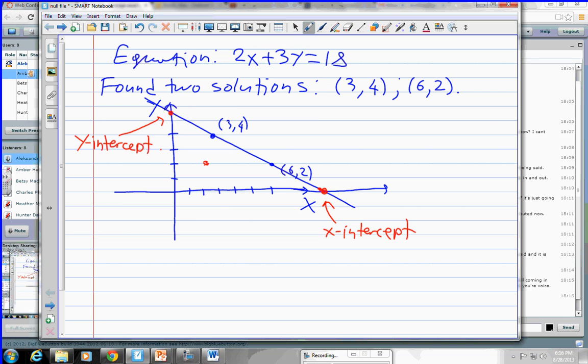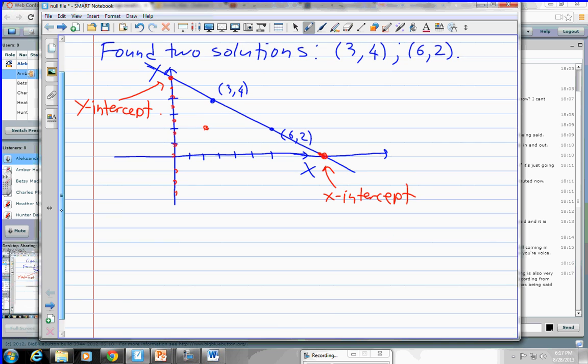Now, if you think about this, all y-intercepts, whatever they are, if you have a crazy-looking graph that hits the y-axis at many, many points, all those points along the y-axis have one thing in common. What is the x-coordinate of any one of those points? 0. So in order to find the y-intercept, you just have to set x equal to 0 and solve for y.